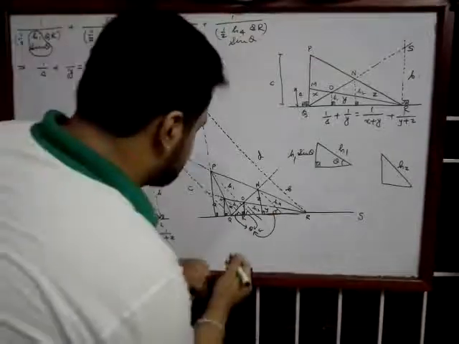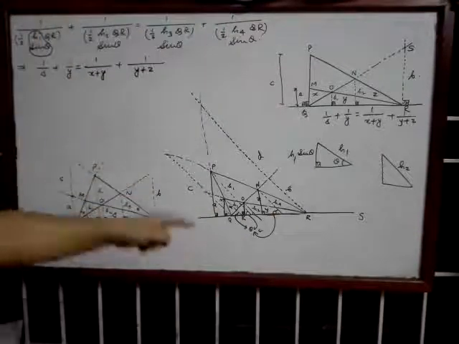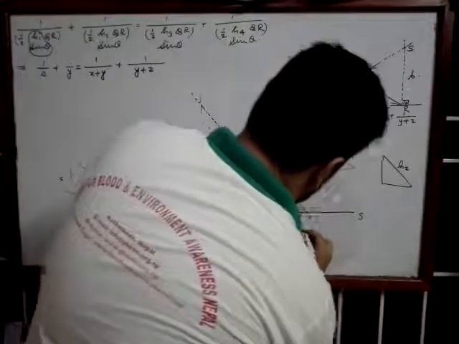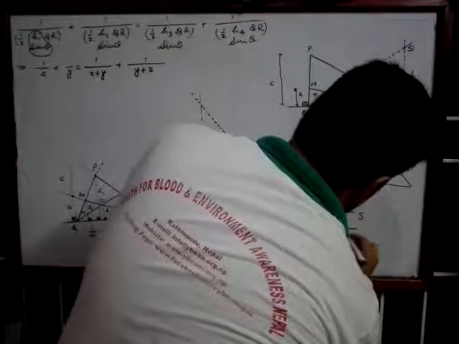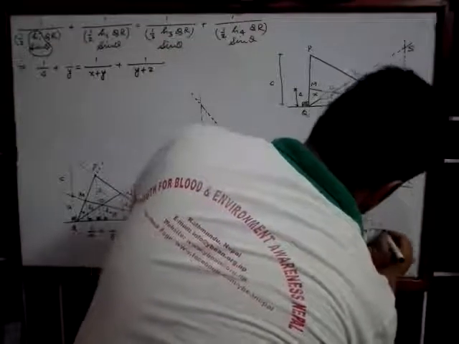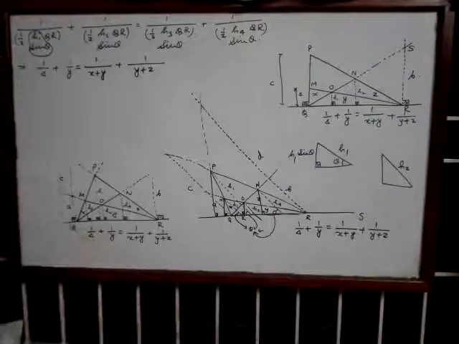So basically, in this triangle also, 1 by delta plus 1 by y is equal to 1 by x plus y plus 1 by y plus z holds. Okay, this holds. Hence, we've proven the ladder theorem completely.